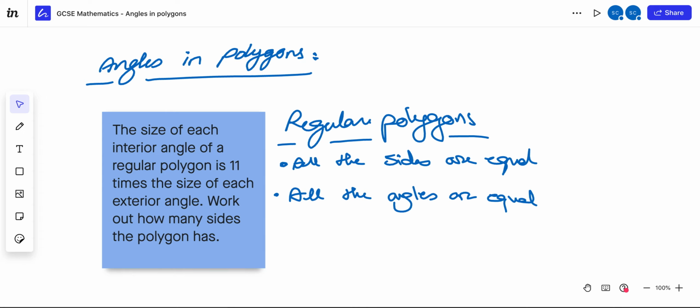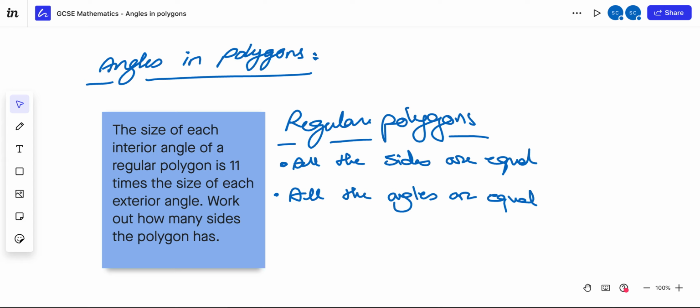This is particularly helpful because if we find the size of one exterior angle, we can easily work out the number of sides, or we can work out the size of an interior angle and vice versa.